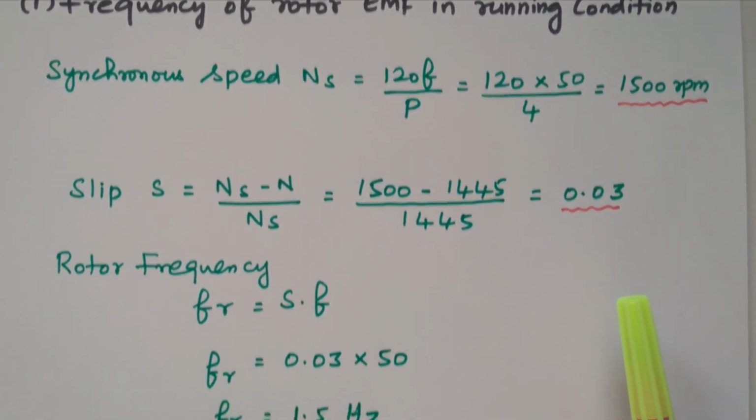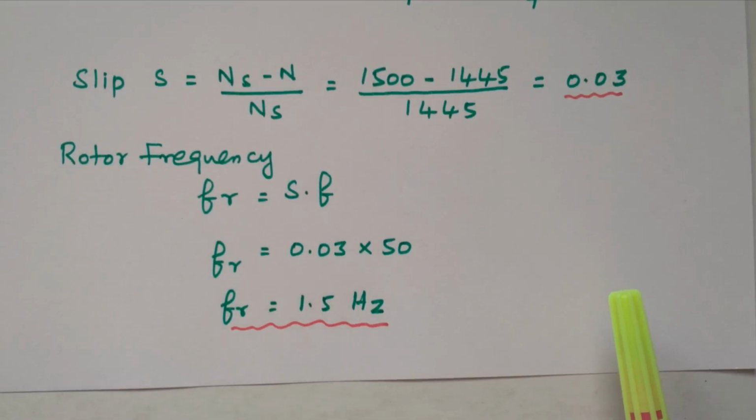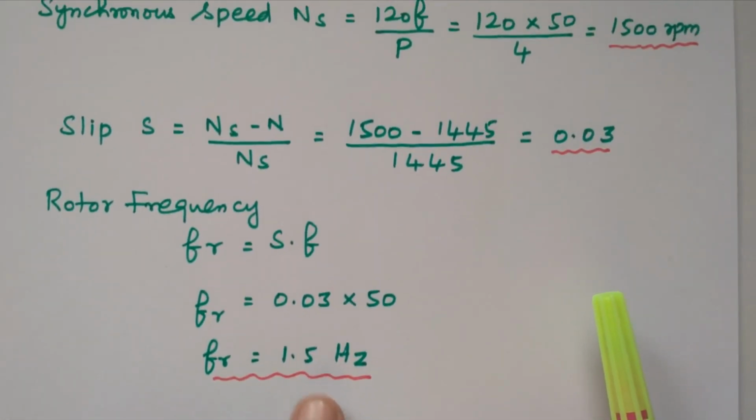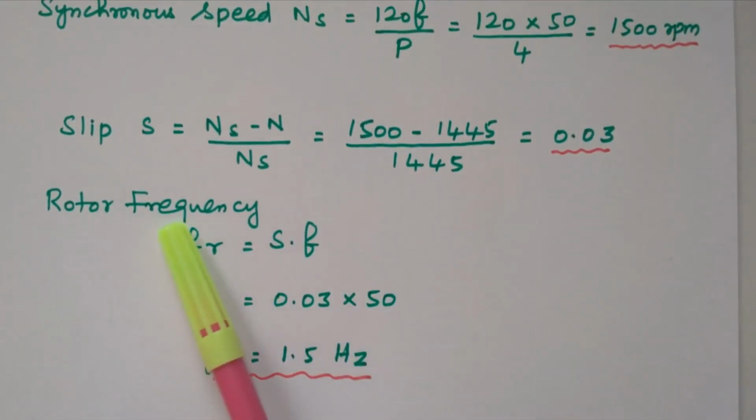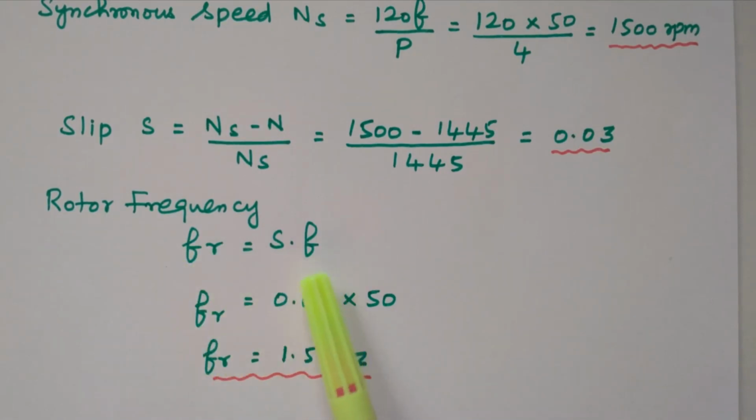From this slip of the induction motor we can easily calculate the rotor frequency, Fr equal to S into F. Because of the running condition, we need to find the frequency by using the slip of the induction motor. F is the frequency of the supply and S is the slip.